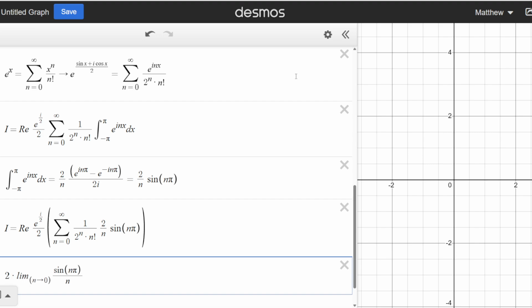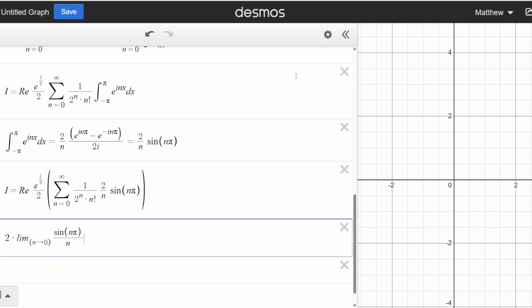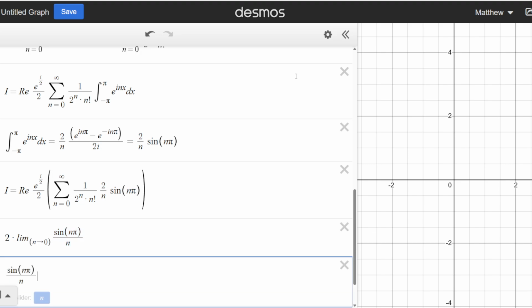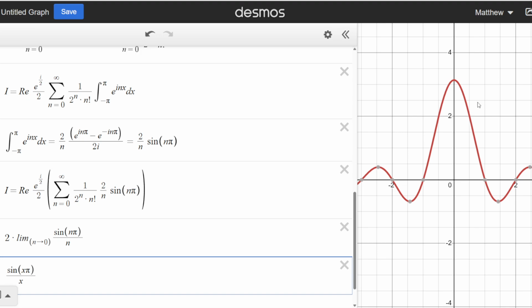Well, we already know that this is pi, right? Let's show it graphically, though. If we change this to x, we can see that this is approaching pi. You can use L'Hopital's rule on that if you'd like. Take the derivative of the top and you get pi cosine pi n over 1.